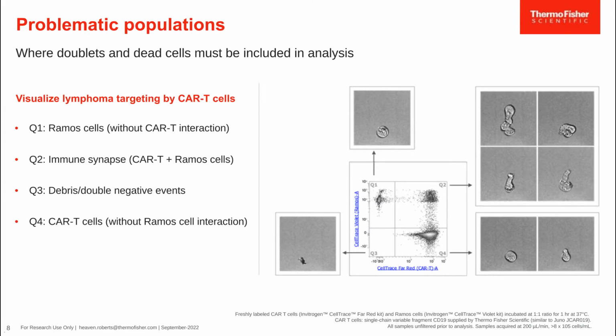So here we've just incubated for 1 hour. After an hour, what we were seeing is that the majority of the events in that Q2 quadrant are truly interacting. So we're having a true immune synapse. These aren't just two cells that are coming through the instrument together. You can see that here the CAR T is actually attaching to the RAMO cell and initiating killing.